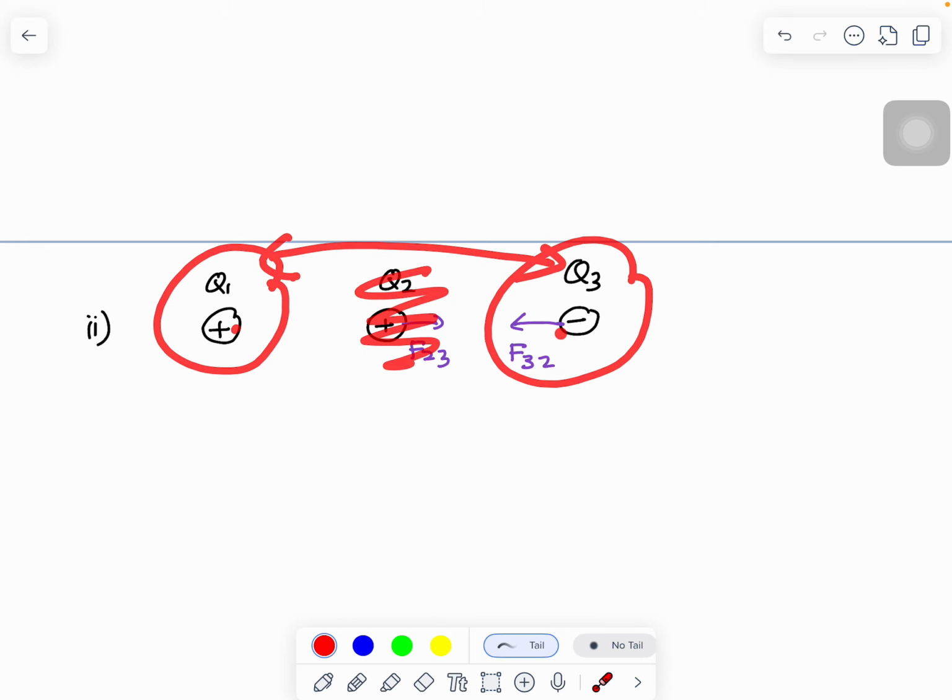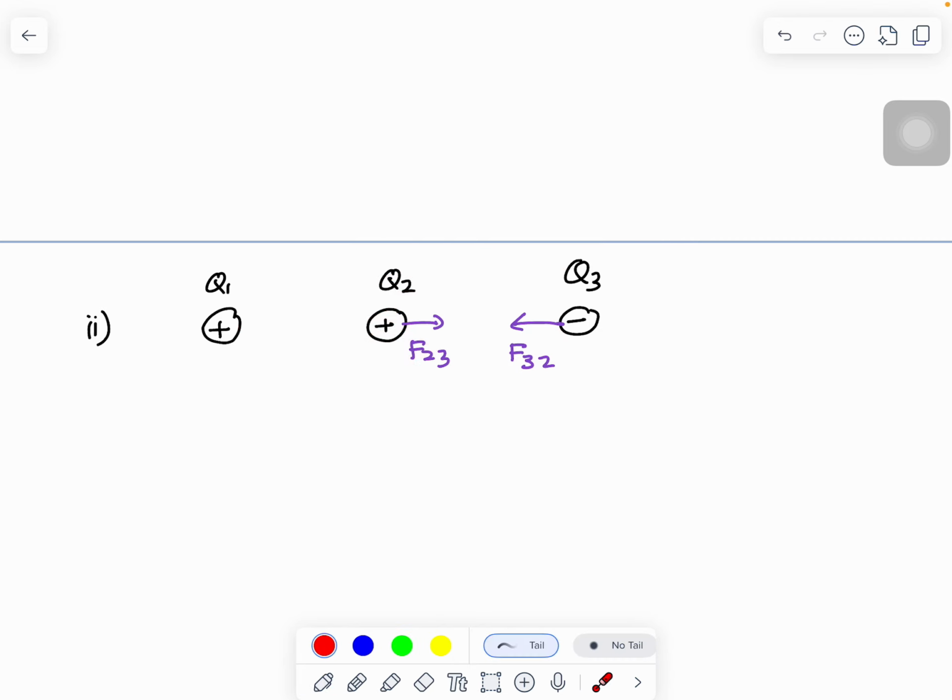Okay, positive, negative also attract each other. Maksudnya dekat sini they akan attract like this. Okay, so here we have F13. So dekat sini kita akan ada F31.